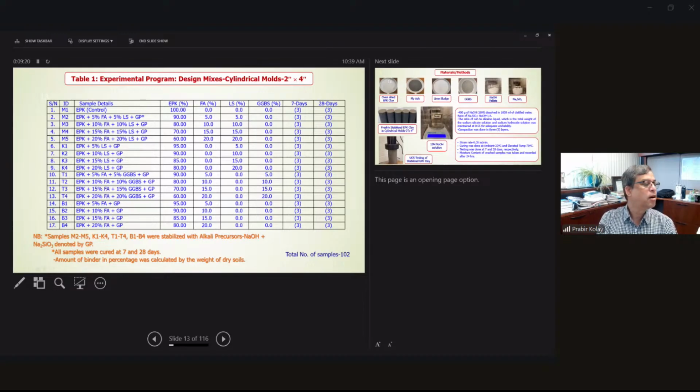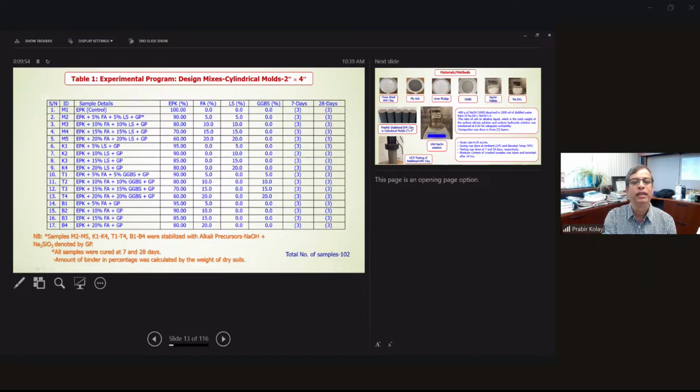All samples are cured for 7 and 28 days, and the amount of binder percentage is calculated based on the dry weight of the sample. We also used the control test without anything, that is 100% EPK clay. And then we used EPK clay plus 5% fly ash, 5% lime sludge, and GP, which is basically the geopolymer. So we added the sodium hydroxide and sodium silicate solution, and then the 5% fly ash, 5% lime sludge.